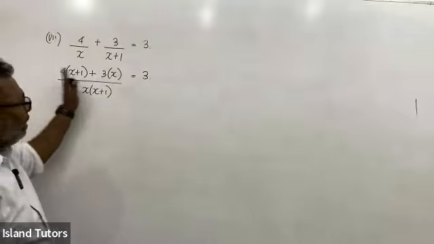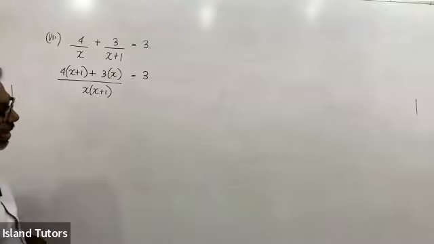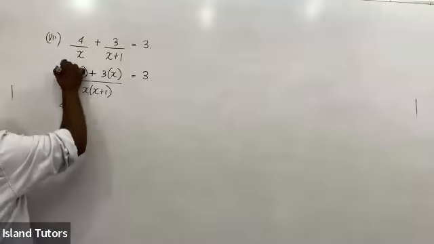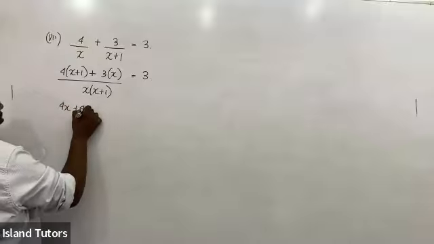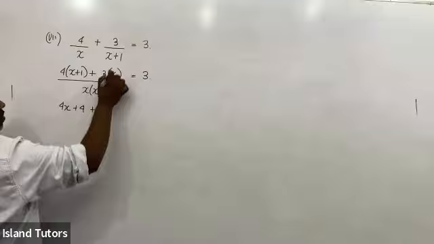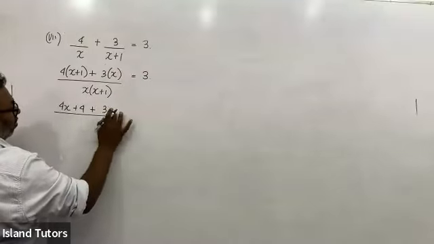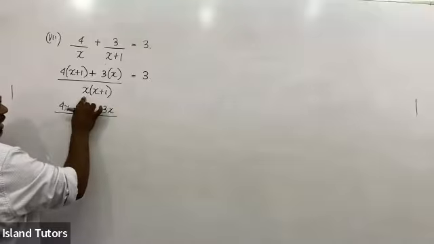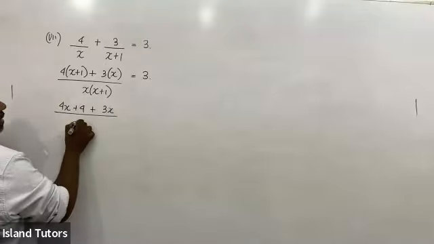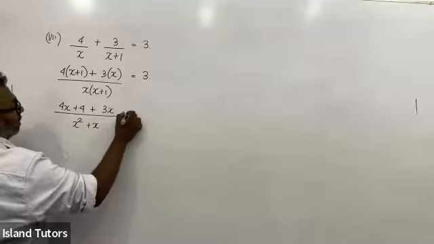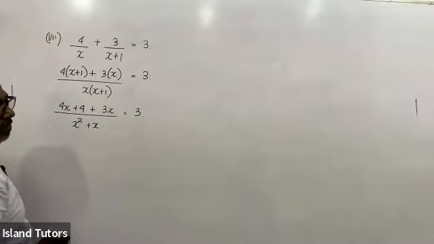Right? Now simplify the numerators and denominator. 4 into x is 4x. 4 into 1 is 4. Plus 3 into x is 3x. And the denominator: x into x is x squared, x into 1 is x, is equal to 3.